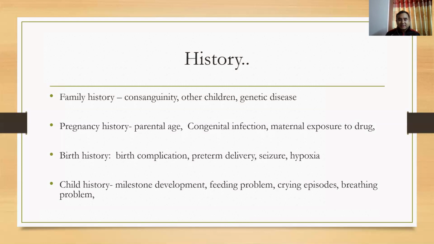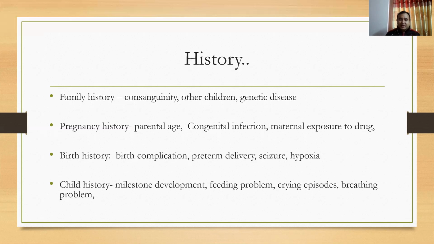Definitely, we need to ask about the health of other children in the family and about genetic disease, like whether there is any premature death, or anyone suffering from similar conditions in the family.